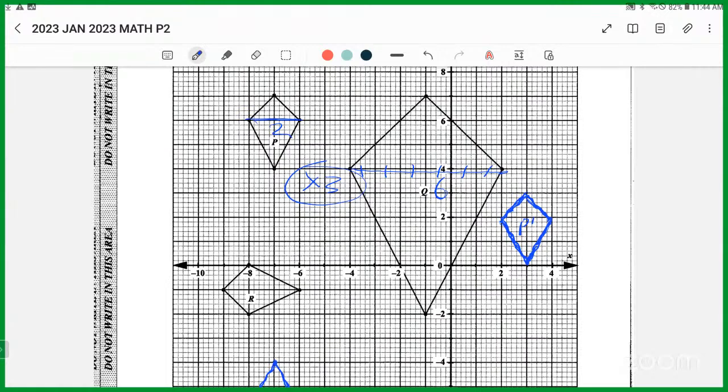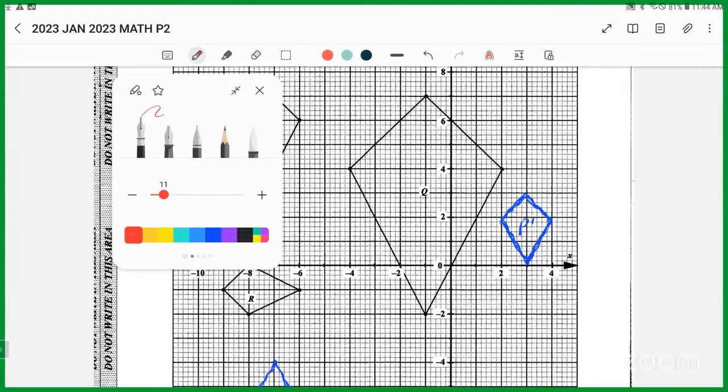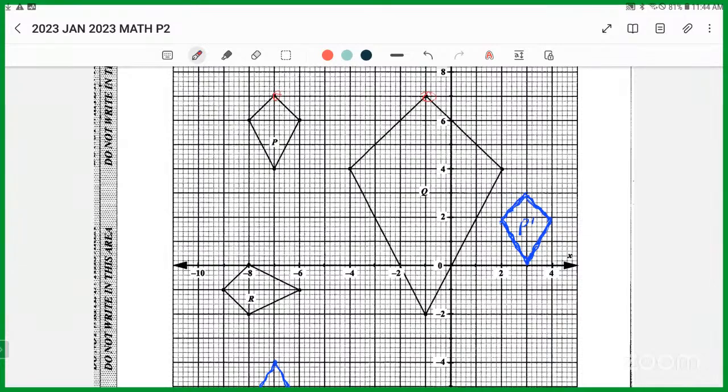The next thing we need to find is the center of the enlargement. You find the center of the enlargement by drawing lines joining corresponding points until you find the point of intersection. It's as simple as that. So this point and this point correspond to each other, for example. So the center of enlargement is somewhere on this line.